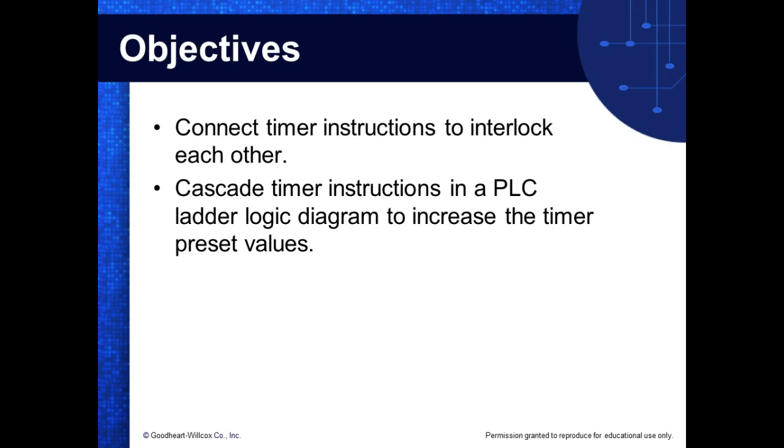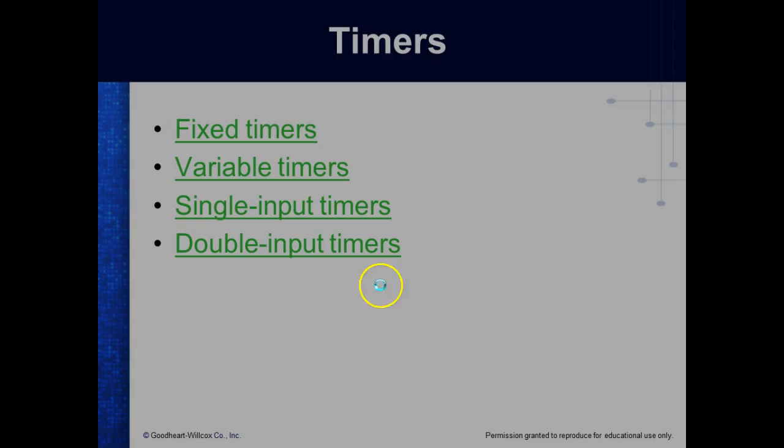Most timers, especially Allen-Bradley's, are limited to a 16-bit number, which means 65,535 seconds. Well, what if I wanted a timer that would go for 2 weeks? Then we could have one timer trigger the next one. We call that cascading.